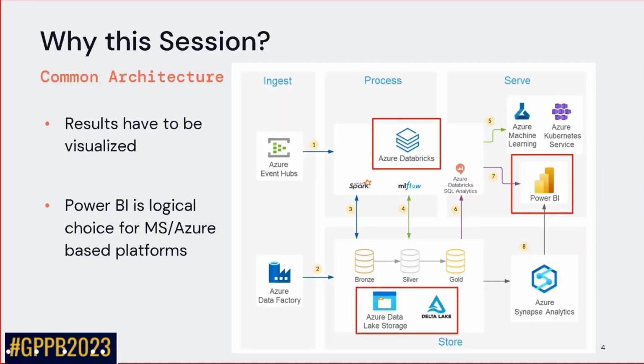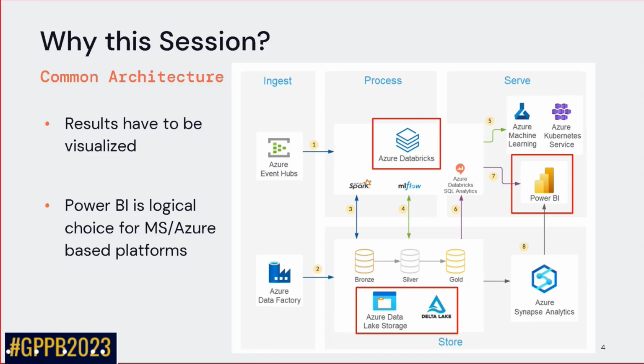So the first part is why we actually want to use Power BI in our architecture. On the slide, you see a very common architecture where you have different data sources that are processed into a data lake or a Delta Lake using Databricks, and in the end are visualized using Power BI.